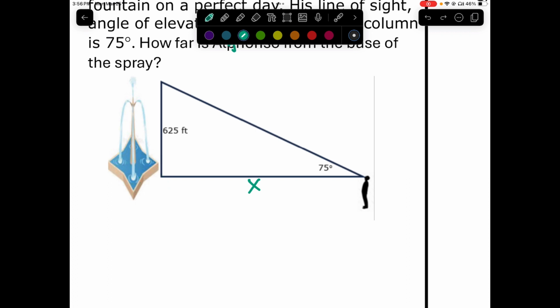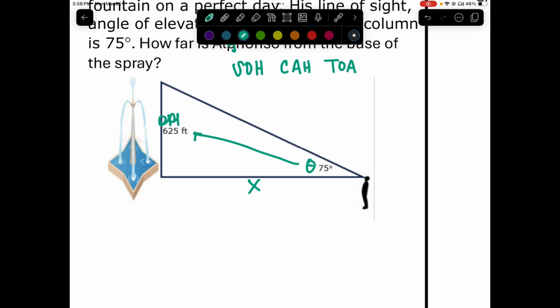Okay, so this is a SOHCAHTOA problem. Let's go ahead and label. This is our theta. This is the opposite side. This is the right angle, which means this is the hypotenuse. But the hypotenuse is blank and we don't need it. And then that means this side is the adjacent.